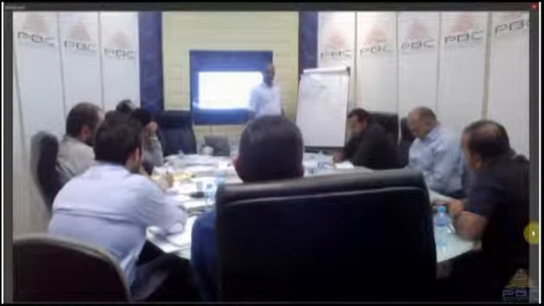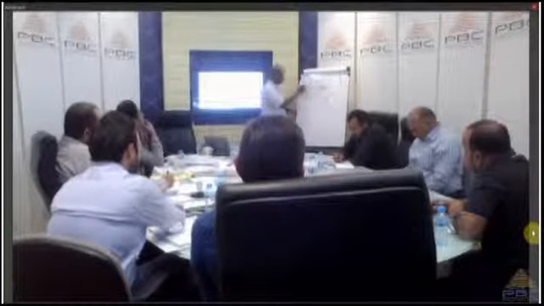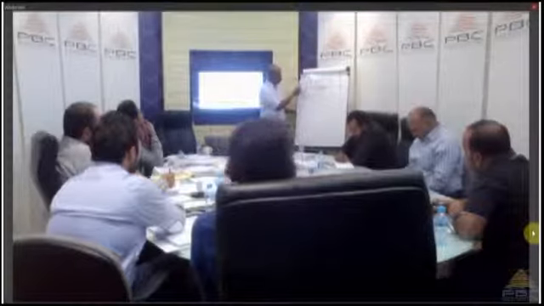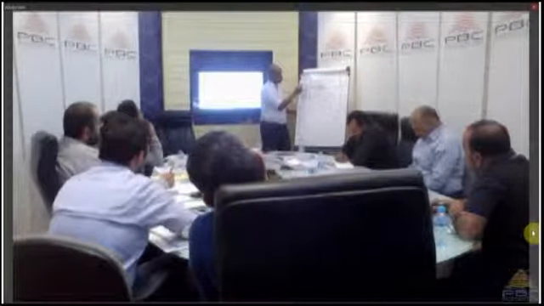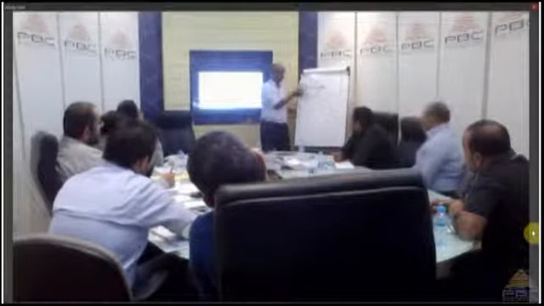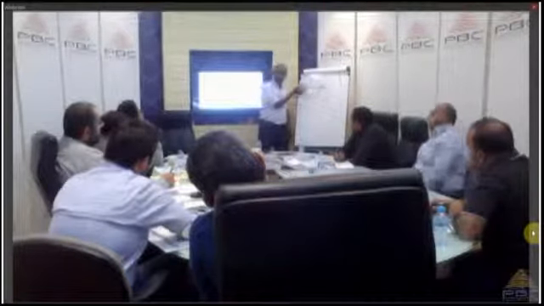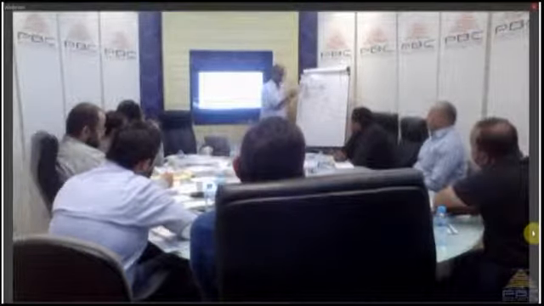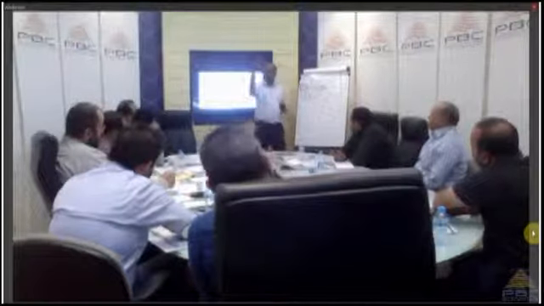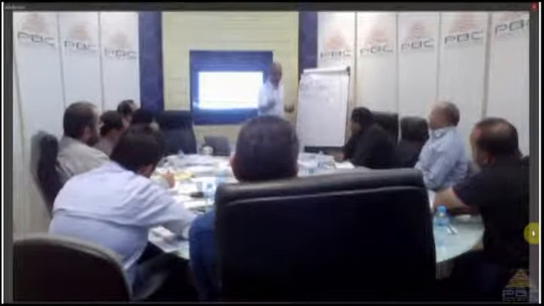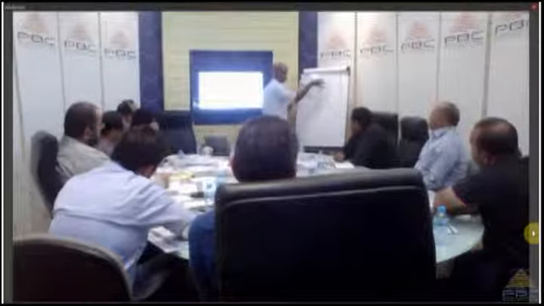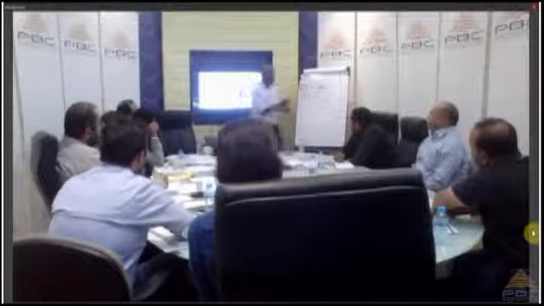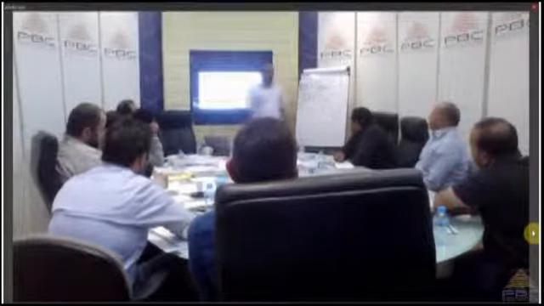The PMO head also has an office called, let's say, a project support office, where he has project accountants, planners, controllers, full-timers. So whenever there's a project in the organization, they give it to the PMO head. He assigns it to one of his project managers.